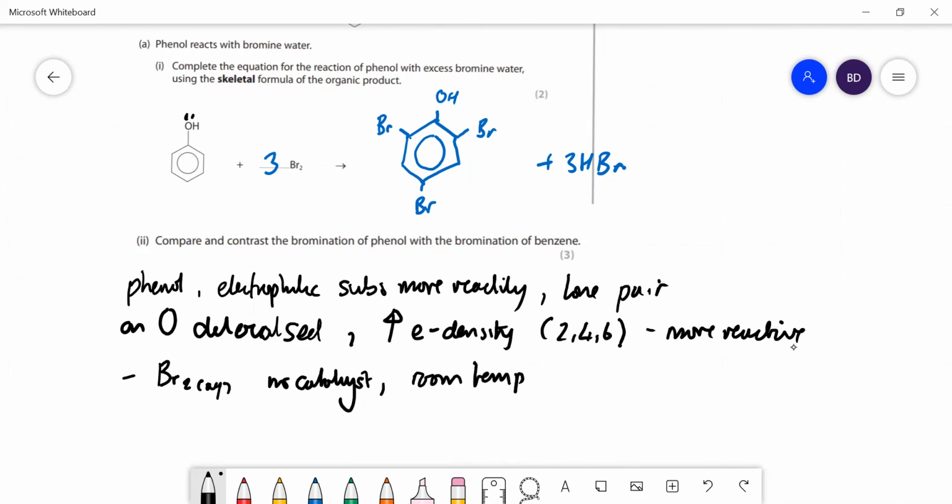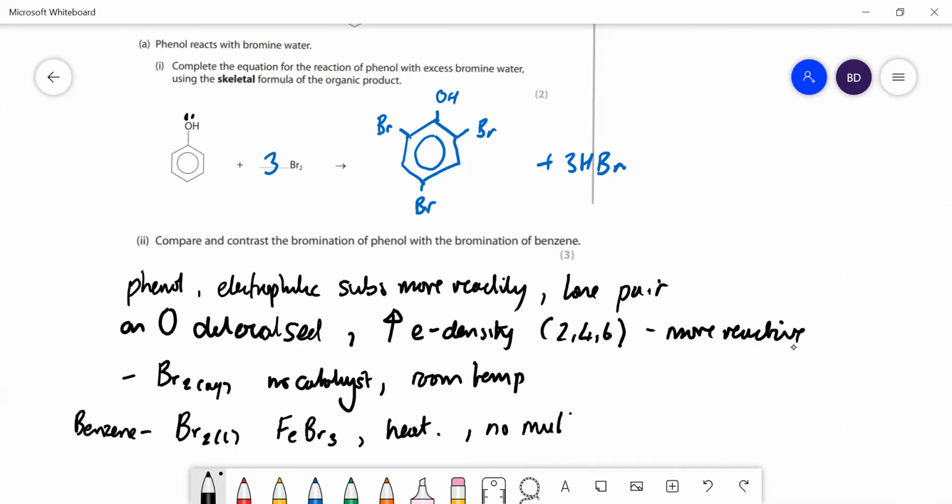If you want to do that with benzene, because it's not as reactive, you can't use bromine water, you have to use liquid bromine. You need a catalyst, usually FeBr3, and you have to heat it. It won't happen at room temperature. And you will probably not get multiple substitutions.